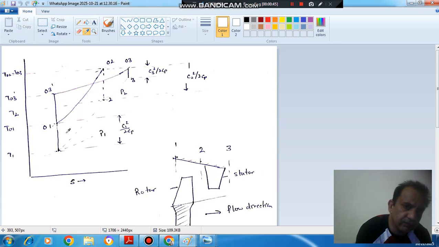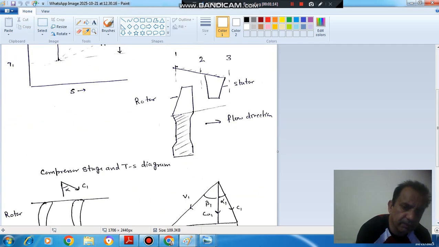And this diagram we have studied. 1 is your initial condition, and this is the final condition, and these are the stagnation conditions at the exit of the rotor, and these are the static conditions at the exit of the rotor. Okay, and these are the stagnation conditions at the inlet of the rotor.